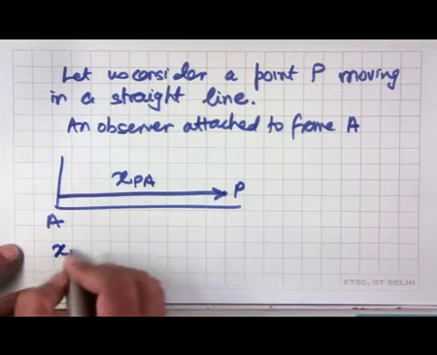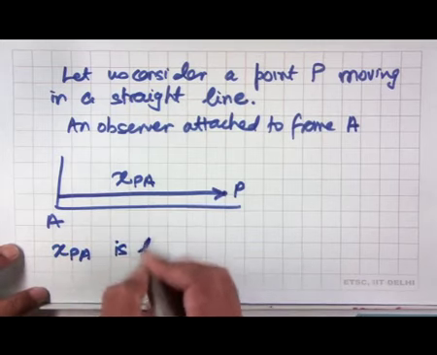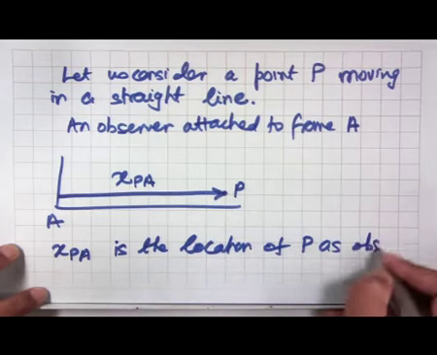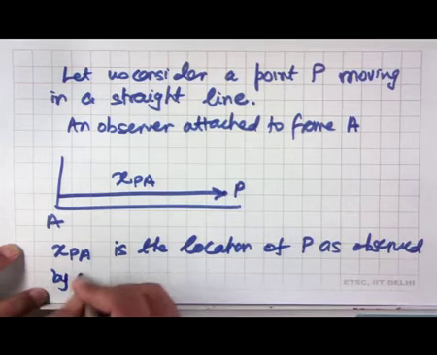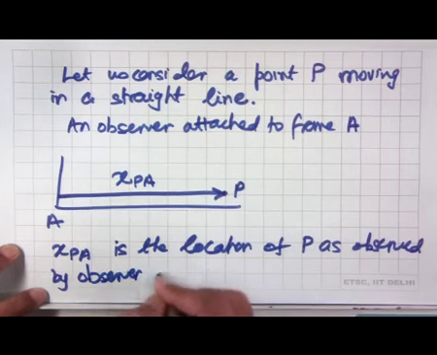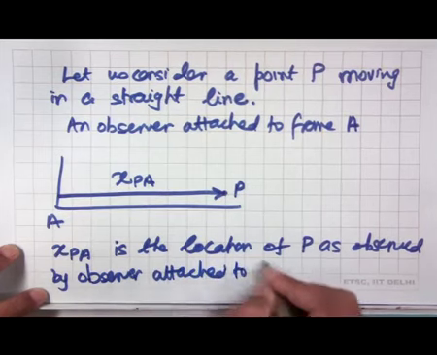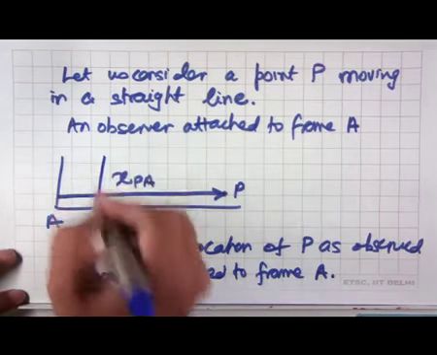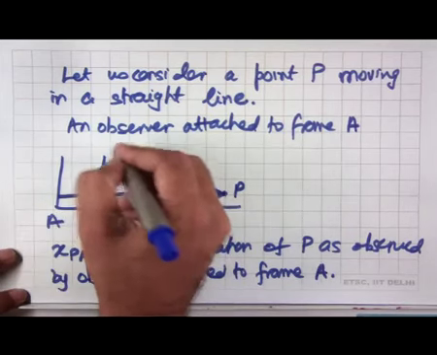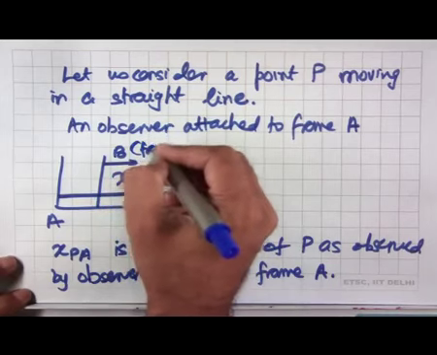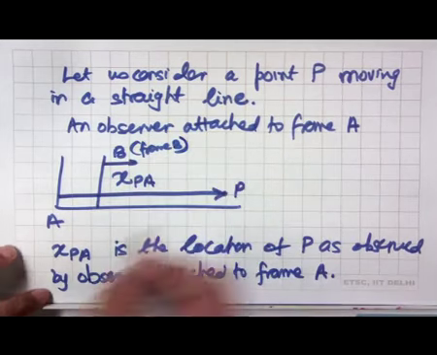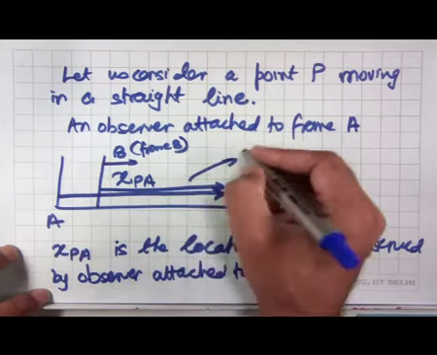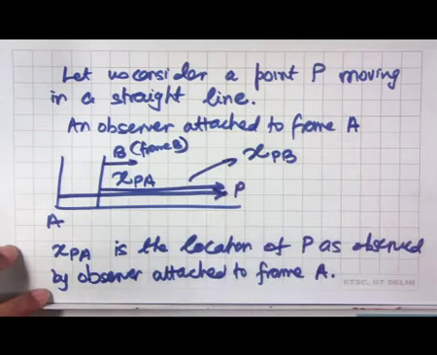So, XPA is the location of P as observed by the observer attached to frame A. Now, this is frame A, we also have a frame B, and the position of P as observed by frame B, let us write as XPB.